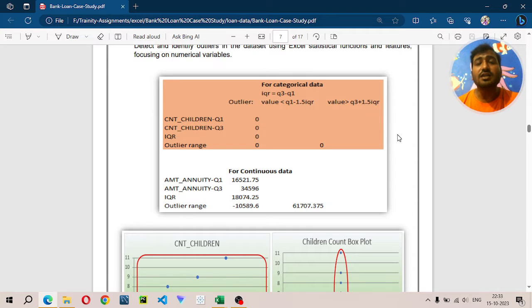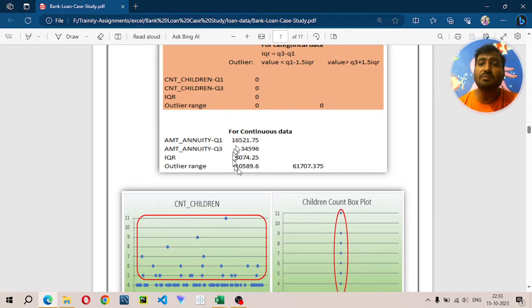Now coming to categorical data, we cannot perform this formula on categorical data. We have to go for a whisker plot, or we can get the outliers through a scatter chart. But for continuous data, we can use the same formula.